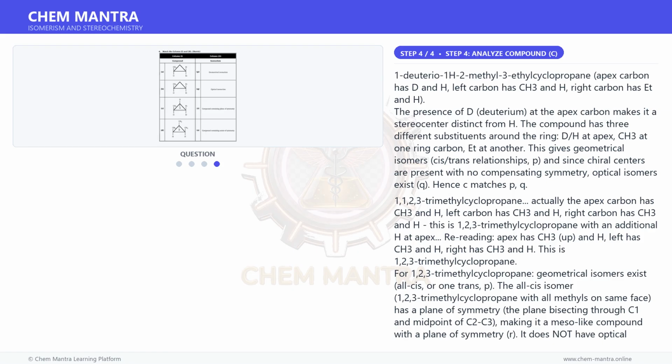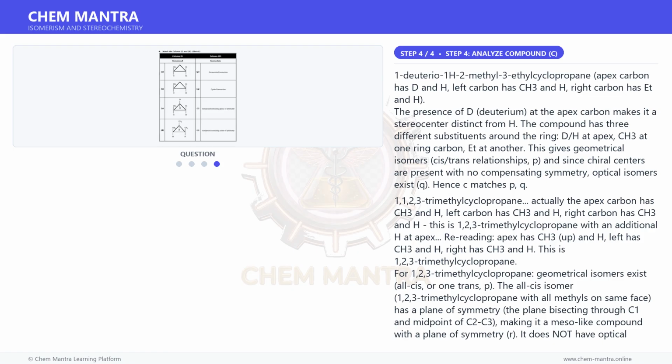This gives geometrical isomers, cis-trans relationships, P, and since chiral centers are present with no compensating symmetry, optical isomers exist, Q. Hence C matches P, Q.